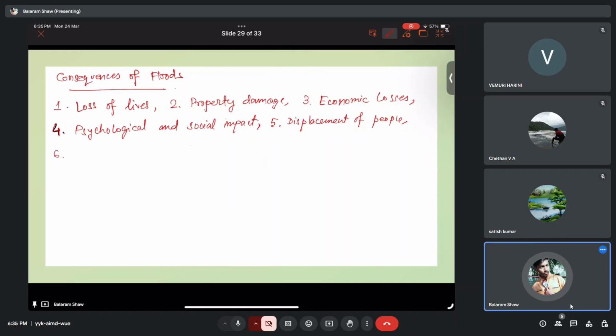Because of floods, all the water gets mixed up, and not only water, the chemicals given off by households or industries also get mixed into the water, and hence the water can carry pollutants, chemicals, sewage.